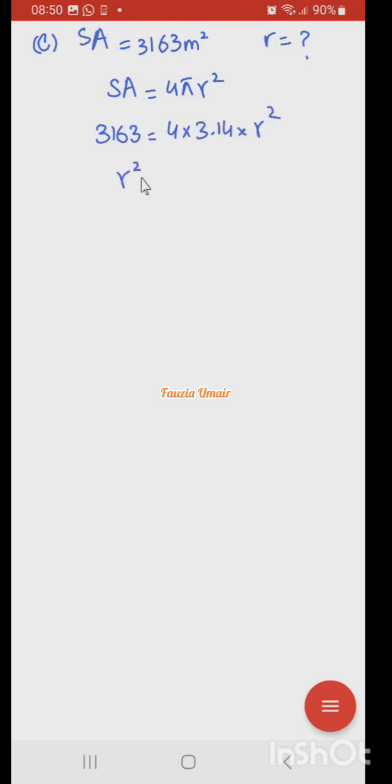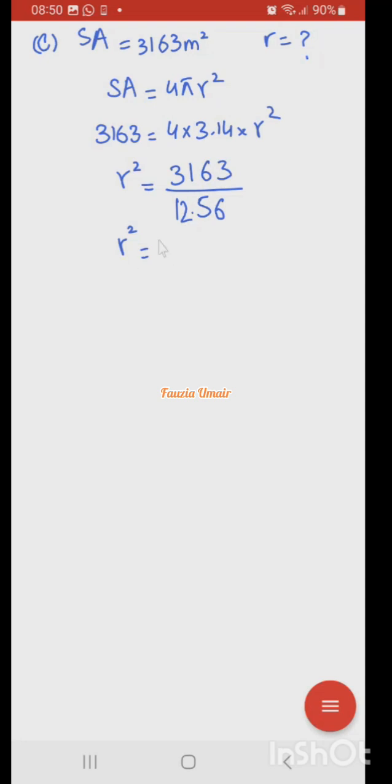Okay, r square would be, take these two on the other side of the equation, so it will go in the denominator. What was 3.14 multiplied by 4? 12.56. Right. So can you find out the answer of 3,163 divided by 12.56?